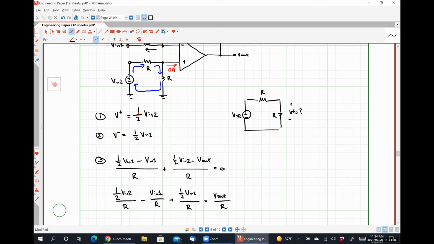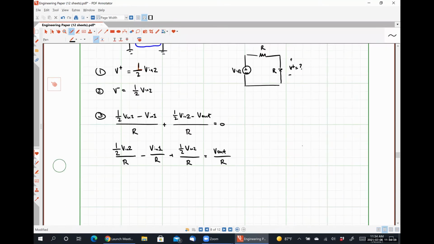Yes. All right. Since we have a common factor of 1 over R in everything, they all cancel each other out, right? So if I multiplied through by R, I would be left with the following equation. V out is equal to 1/2 VN2 plus 1/2 VN2, which is just VN2 minus VN1.